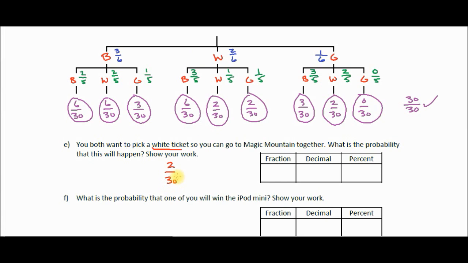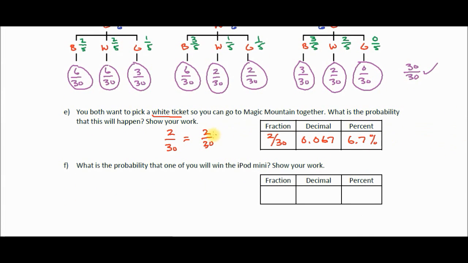In fact, it's asking me to show my work. Okay, fine, I'll show my work. 2 over 30 equals 2 over 30. Not much more I can show than that. My fraction is 2 out of 30. That means my probability is pretty small, 0.067 or 6.7%. Probably not going to happen. That's very low probability.